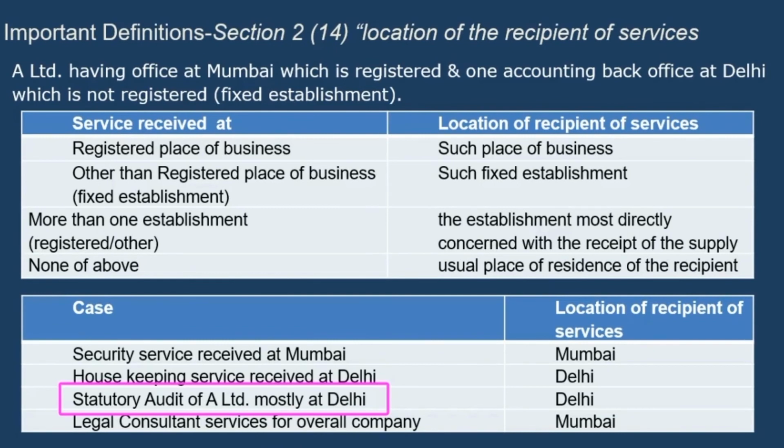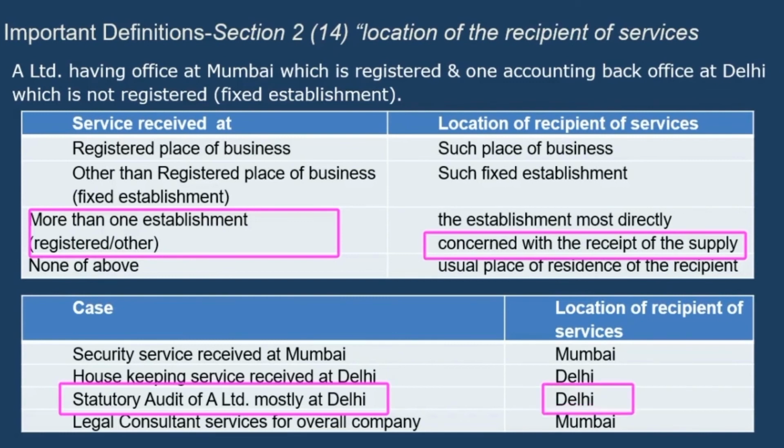See the clause: more than one establishment, whether registered or other, if receiving services, then the establishment most directly concerned with receipt of supply. Who is most directly concerned with receipt of supplies is Delhi. So Delhi will be the location of recipient, which is actually getting maximum services out of the statutory audit.